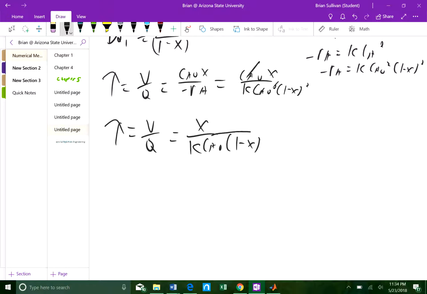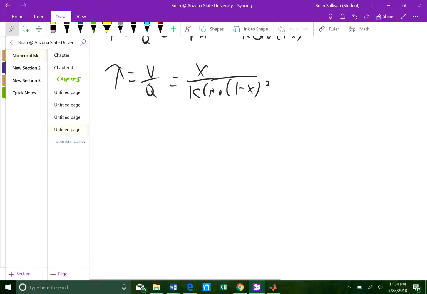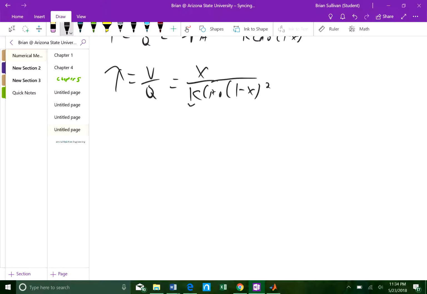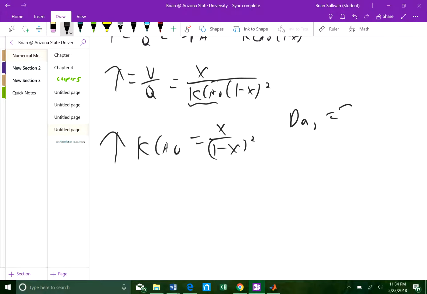So remember when I said that we wanted to have conversion on one side and all the physical parameters on the other? Well, here we go. So take both of these and do this. Right? And that's going to leave you with this. And as you can see, the Damkohler number for a second order reaction is different: tau k C_A0.